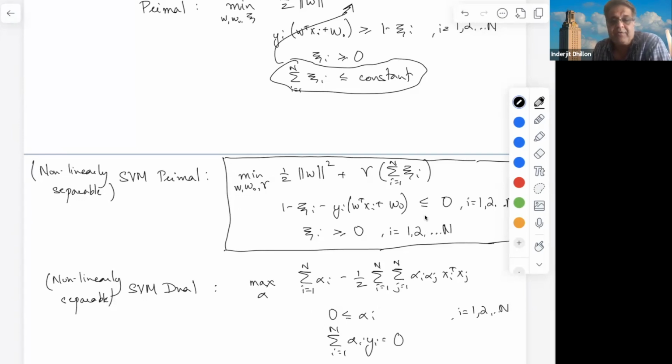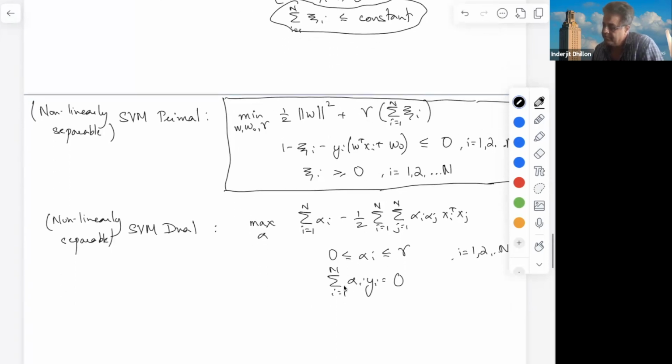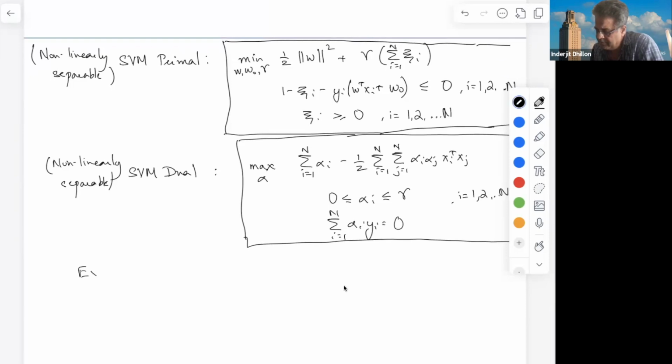But it turns out kind of really interesting that if I apply the machinery over here and look at the dual problem, then all I get is that alpha i is less than or equal to gamma. Okay, so as an exercise, you can derive the above SVM dual.